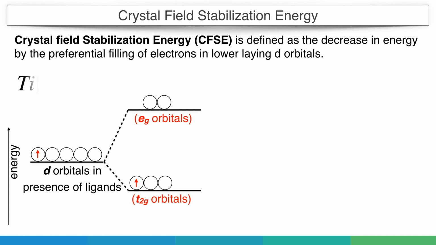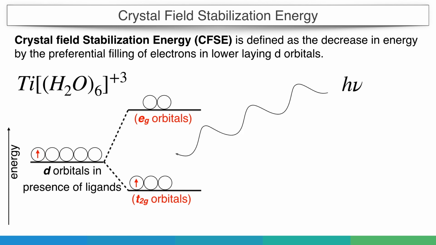Let's take the example of the hexaaquatitanium(III) complex ion, which has a d1 configuration. So there is only one electron in the d orbital and it is placed in the t2g orbital.